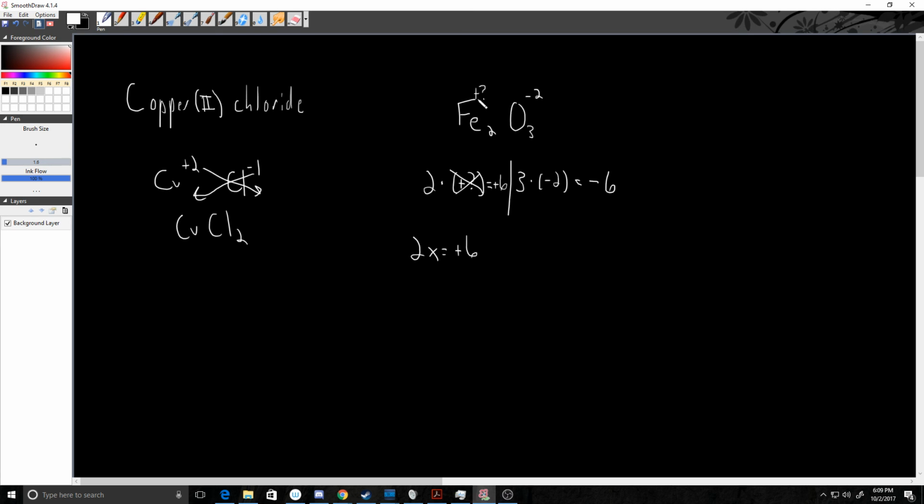If I need to know what charge that iron has, since I have 2 atoms of it, I'm just going to take that +6 divided by 2, and I find out each iron has a charge of +3. That's not bad. Okay. So each iron, we said, has a charge of +3.